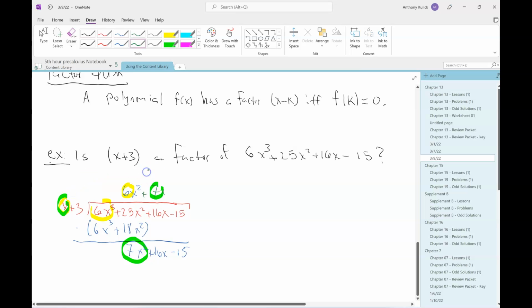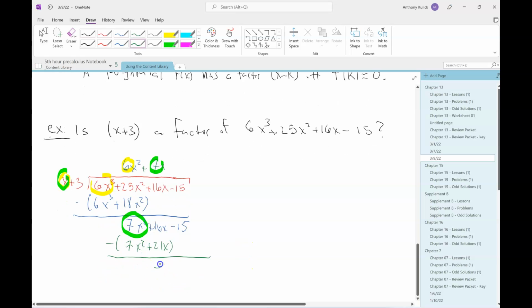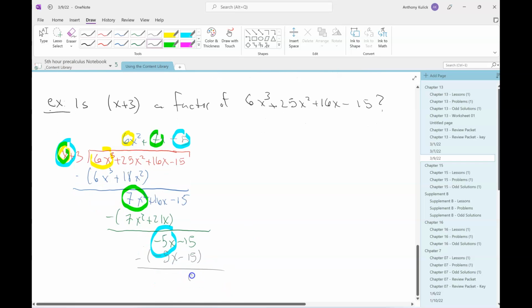Again, multiply that to both parts. So 7x squared plus 21x. Subtract down. Gives me negative 5x minus 15. And then I ask, what times x gives me negative 5x? Well, that's negative 5. I multiply that through, and I get remainder 0.